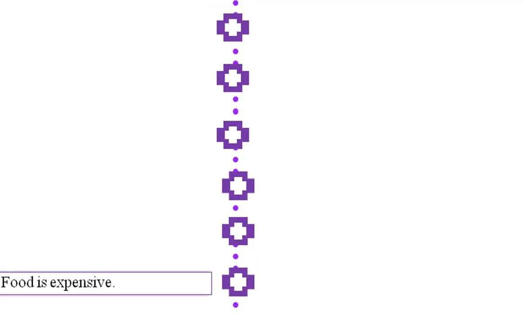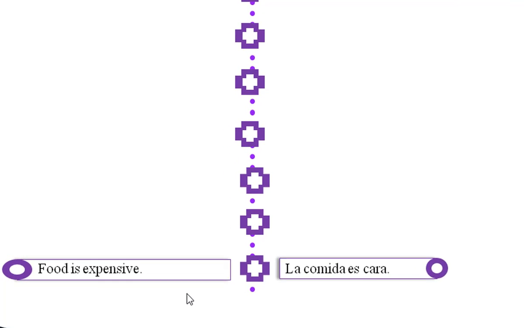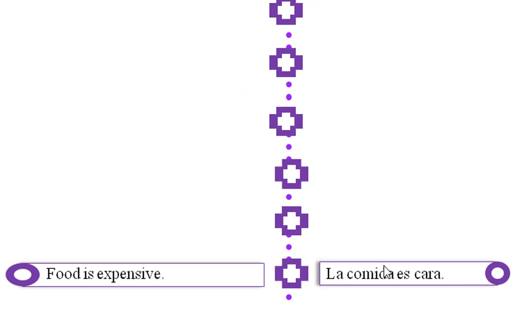Food is expensive. We are talking about price. So expensive is cara, and food is comida. La comida es cara. So we are talking about third person. Food will fall in the third person singular category.